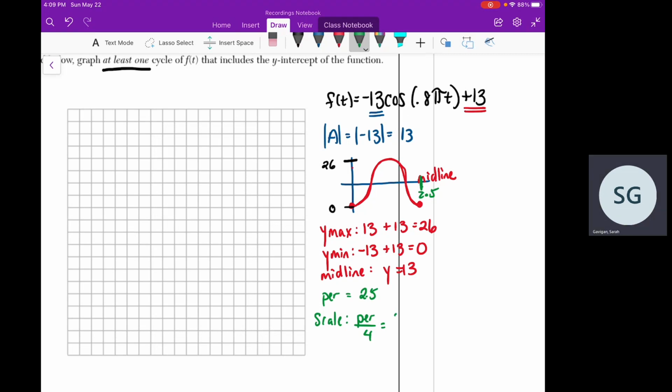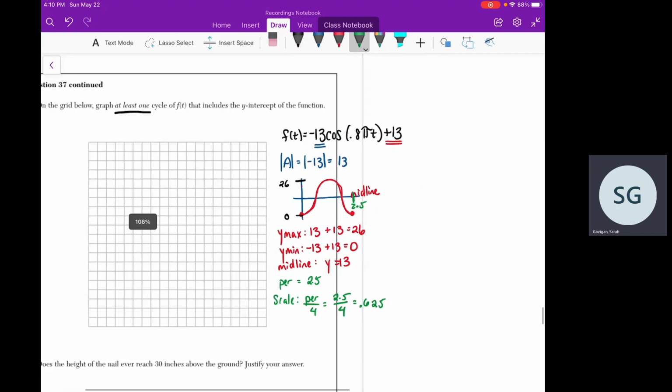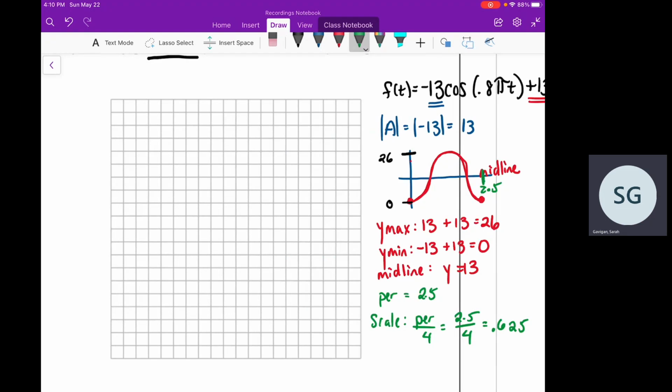So if I do 2.5 divided by 4, that's what each box is. Now, what's nice is it doesn't tell me how far to label it. Since that's a little ugly, maybe I'll ignore that and just put down 2.5 for my ending.